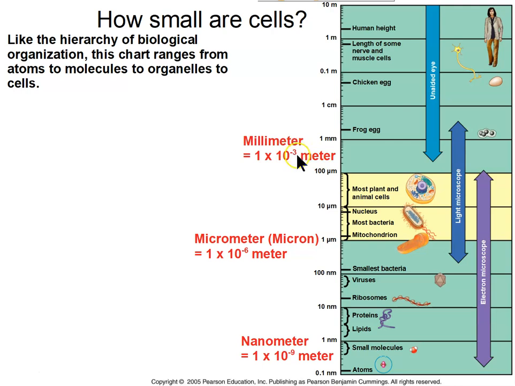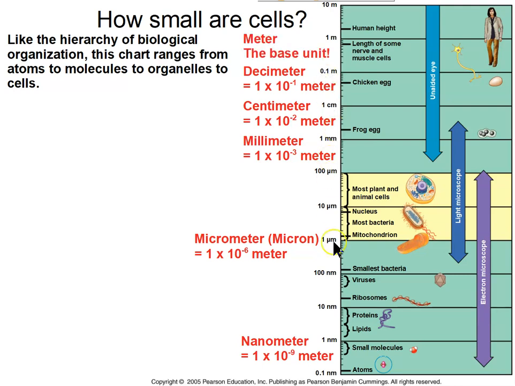It's 1,000th of a meter, right? 0.001 meter. And then we get to the centimeter, which is 1 × 10 to the -2 meter, which is 100th of a meter. And then the decimeter is 1 × 10 to the -1 meter. We don't use that much, but it exists, and it's 1/10th of a meter. And then, of course, we have the meter, which is the base unit. That's what all these other units are based on.